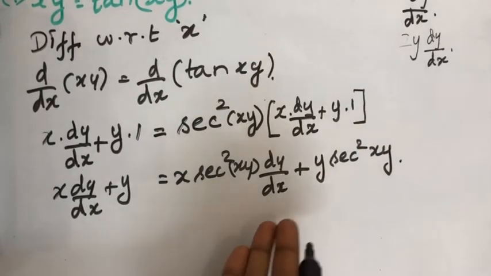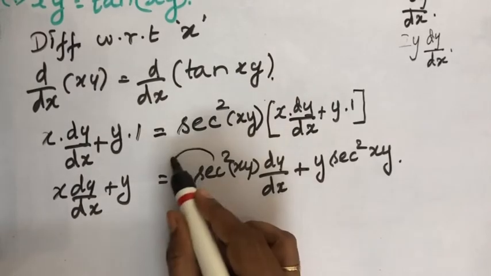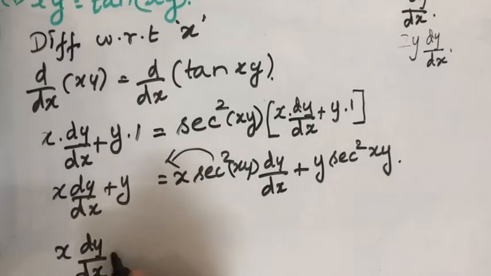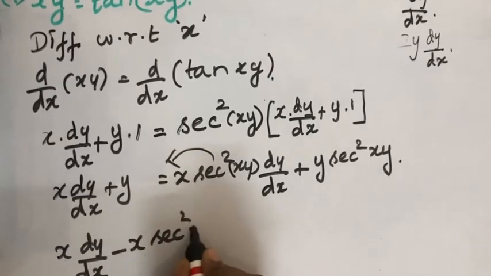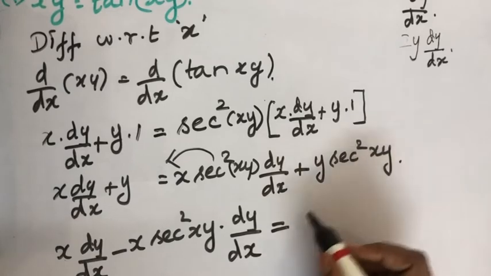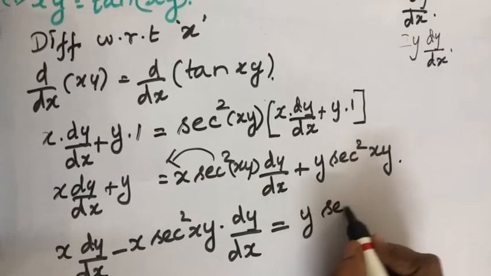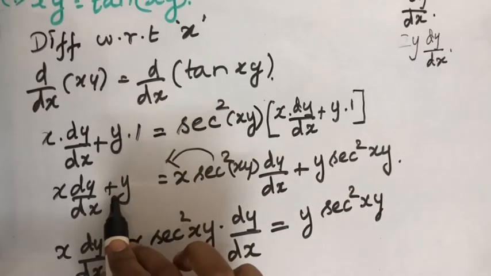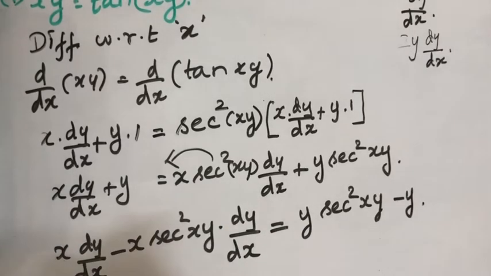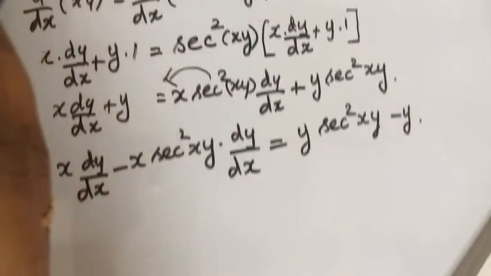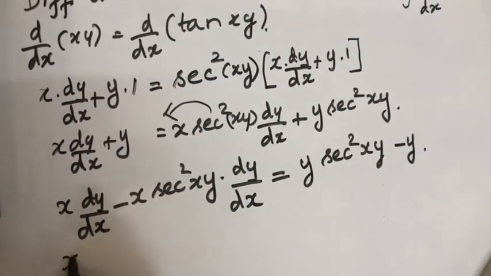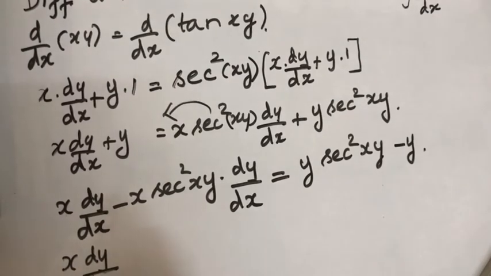Now, I am bringing the terms together. So, I am bringing this term to the left and y to the opposite. So, x dy by dx minus x secant square xy into dy by dx is equal to, already here we have y secant square xy. So, this plus y, while coming to the other side, will become minus y. Now I take x dy by dx outside.